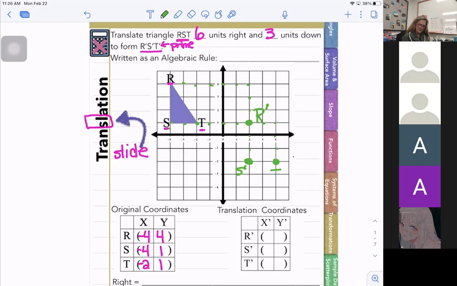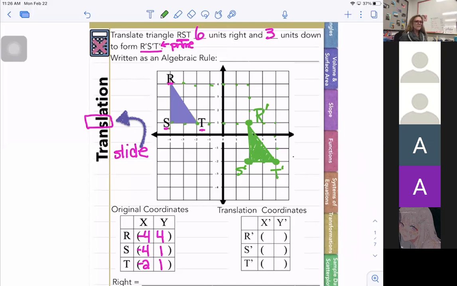And there is my T prime. Now I can connect that so that it turns into my translated triangle. Notice it's exactly the same. It's just slid on that graph, or that coordinate plane.